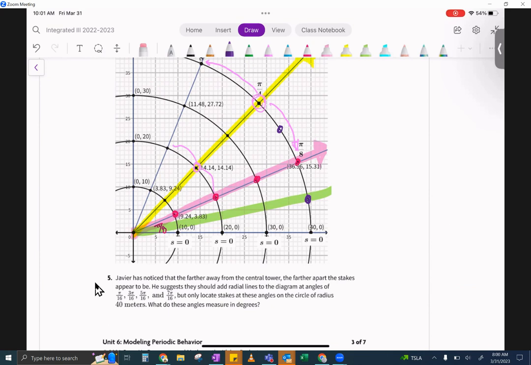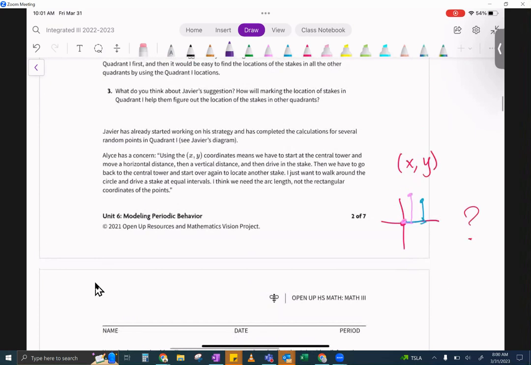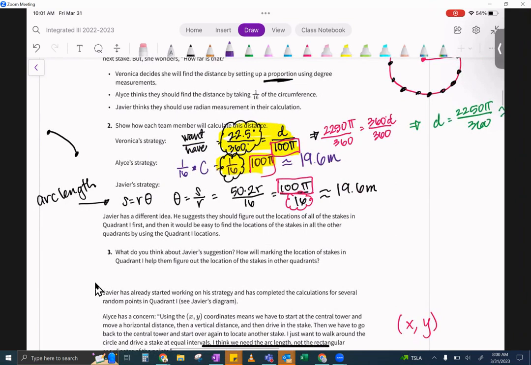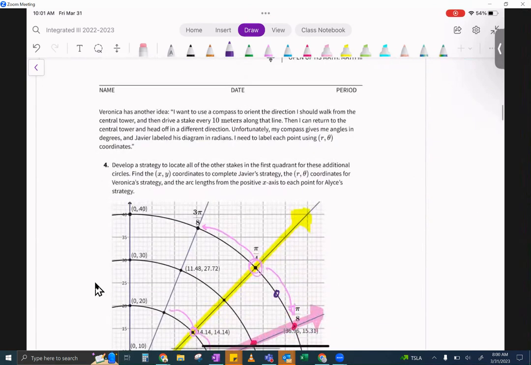There are a lot of different ways, at least several. Look at how many different ways we came up with for calculating the distance between each stake for the 50-meter circle.